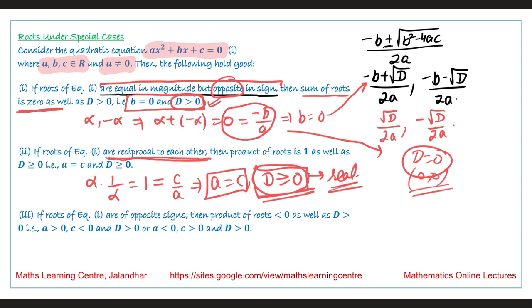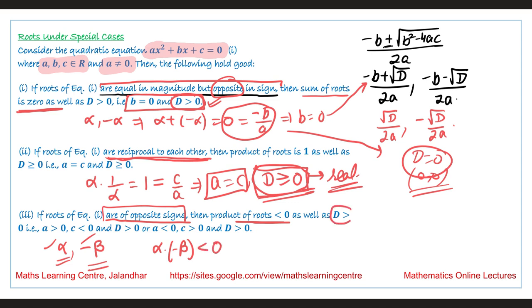Next, if the roots of the equation are of opposite signs, the product of roots is less than 0. If they are of opposite signs, one is alpha and the other is minus beta, where alpha and beta are two positive real numbers. The roots are in the form alpha and minus beta, that is, they have opposite signs. Then the product of the roots, alpha into minus beta, is less than 0, and d is greater than 0 because it will have real roots.